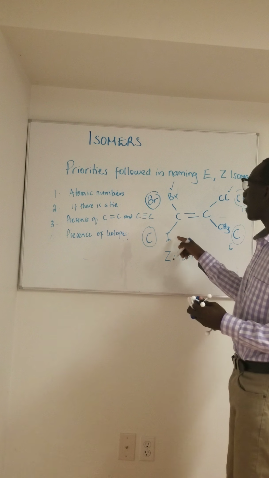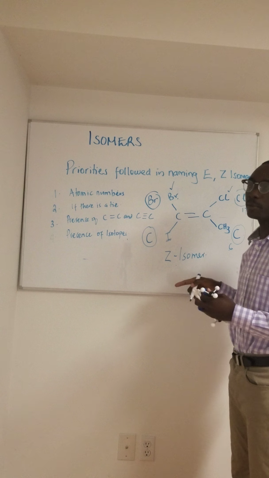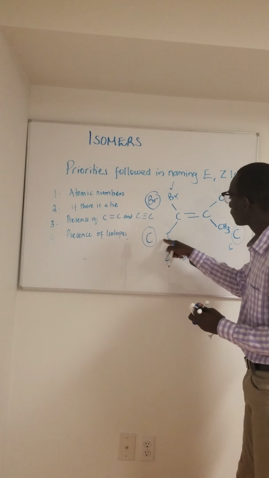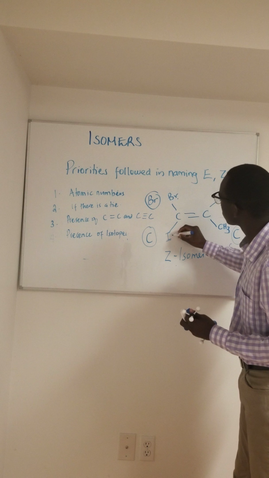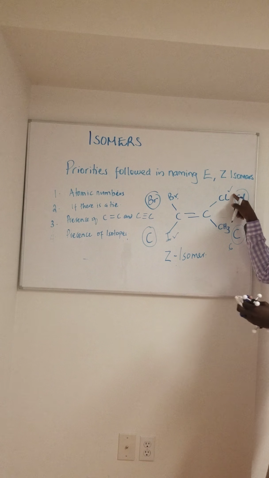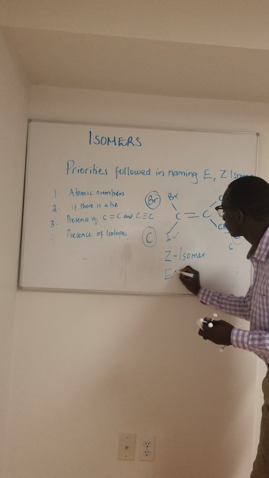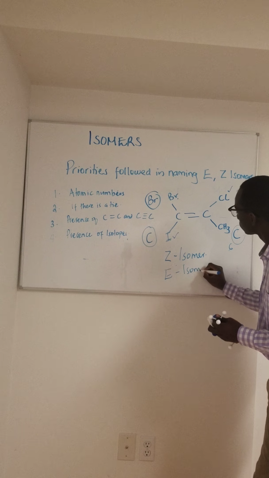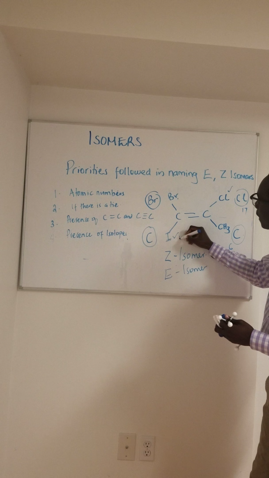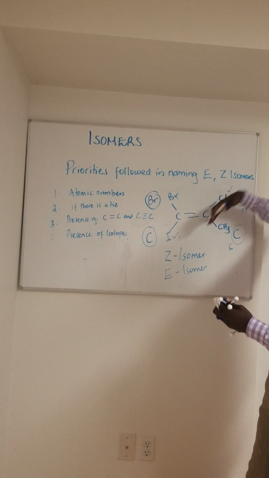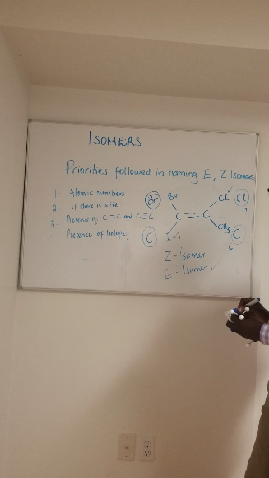Remember, iodine is heavier than bromine, so this will take a higher priority. If this takes my higher priority, and on this side chlorine takes the higher priority, then we shall have an E isomer, because we have high and high on opposite sides, like in the trans arrangement. So it qualifies to be an E isomer.